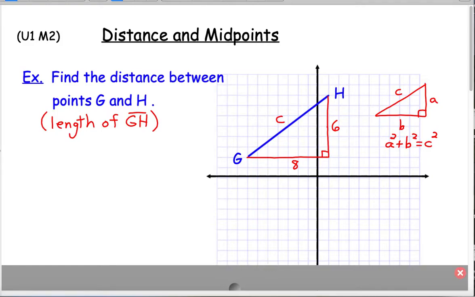And it doesn't matter which side we call A or B. We can flip-flop those. So I'm going to say 6 squared plus 8 squared equals C squared.